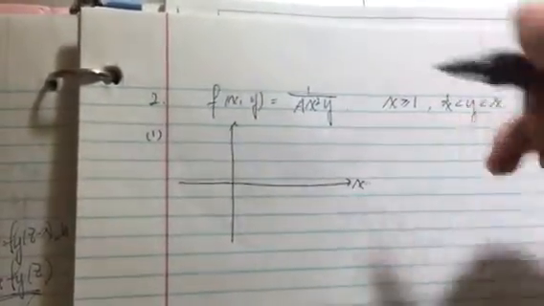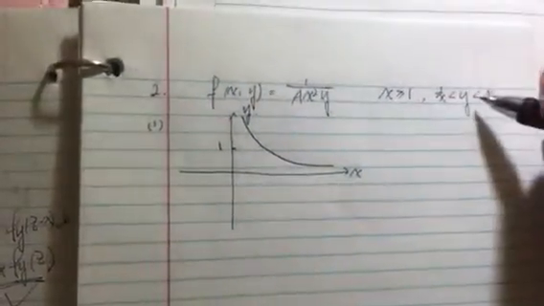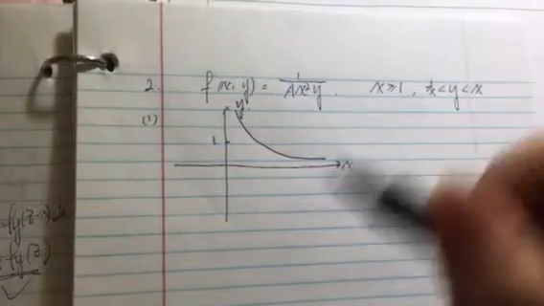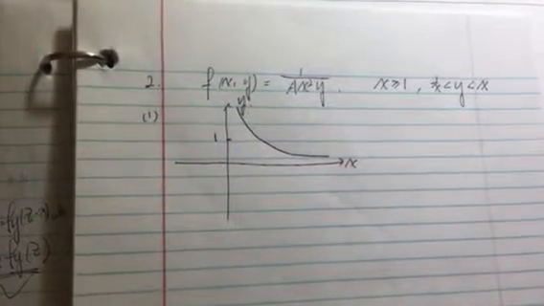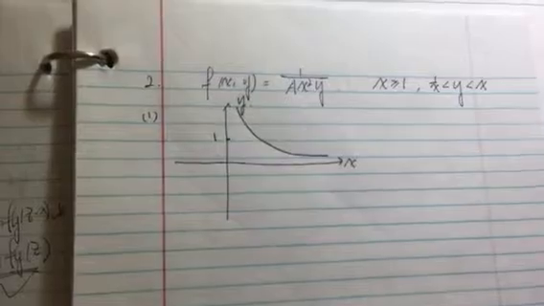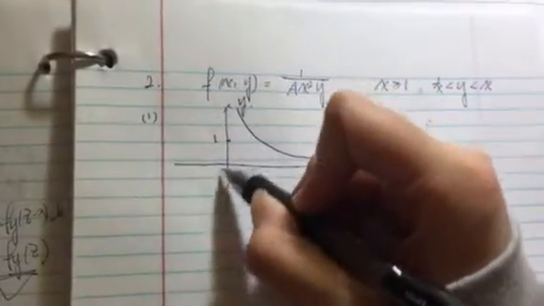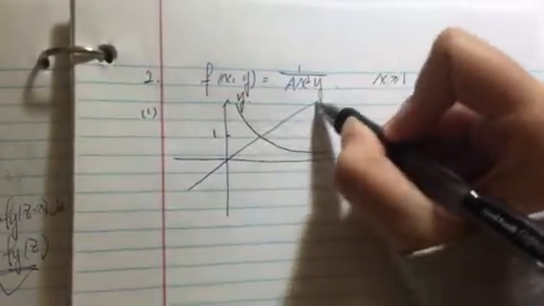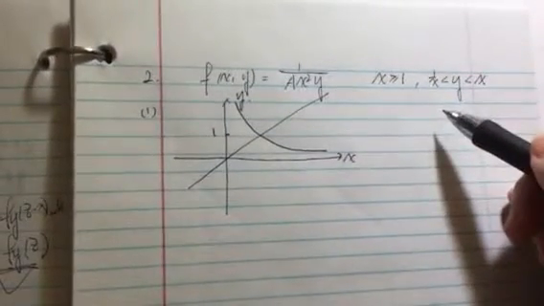Okay, so this is our axis, the y-axis. 1 over x will be something like this, and y equals x will be like this.